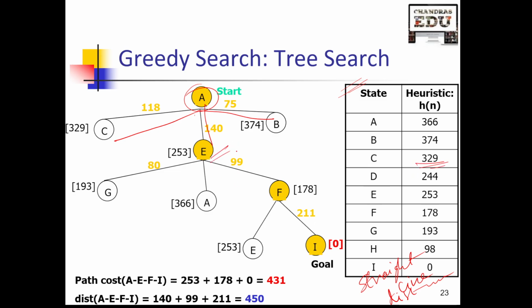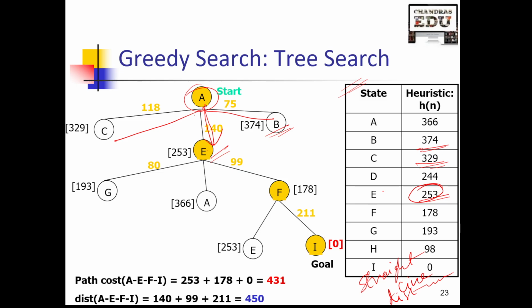From E, it is 253. And if we take B, the distance is 374. So among these three, 253 is the lesser number, so from A it will take the next path to E, which is 253.